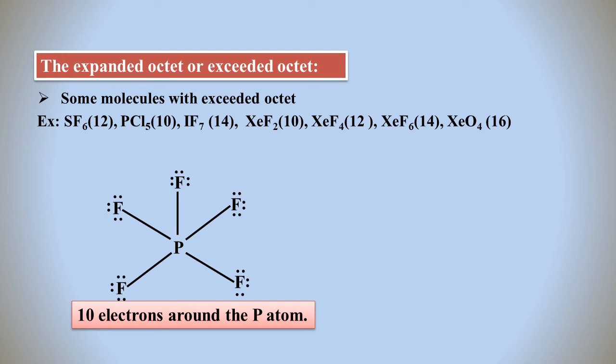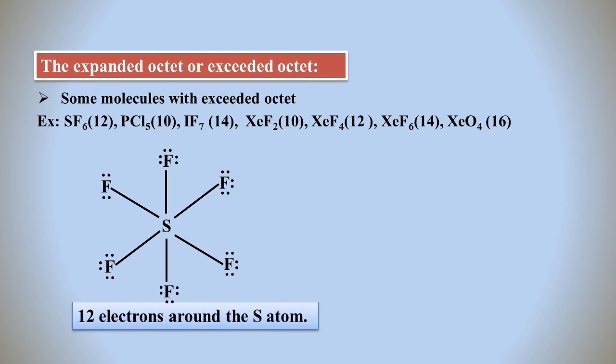Another example, we have SF6. We have 12 electrons around S. You must draw these examples very well, and you have to mention each example.